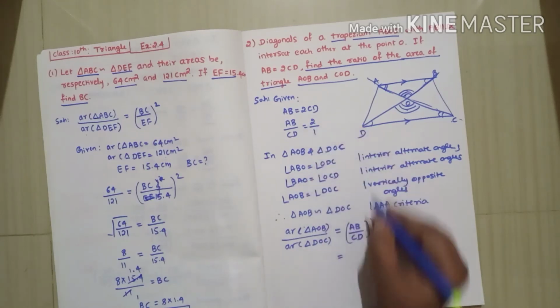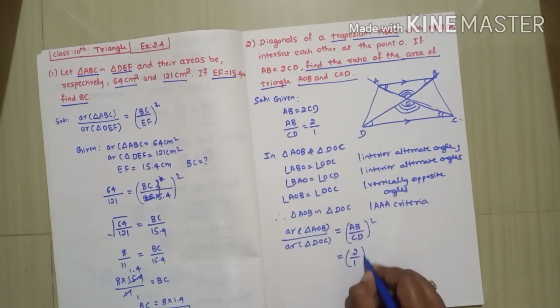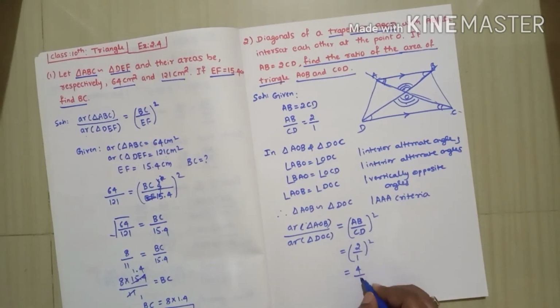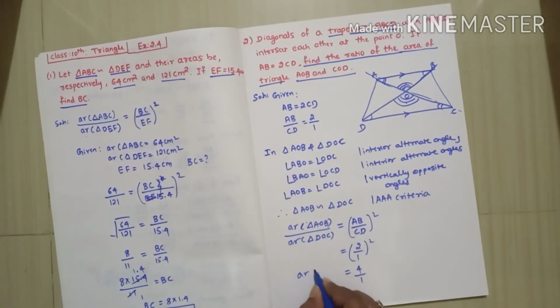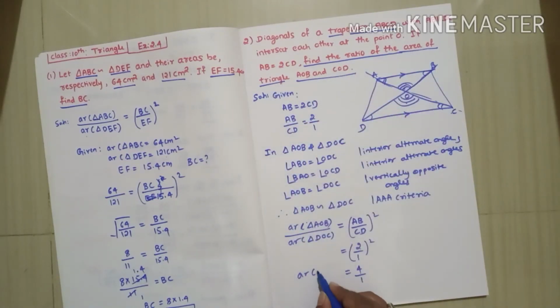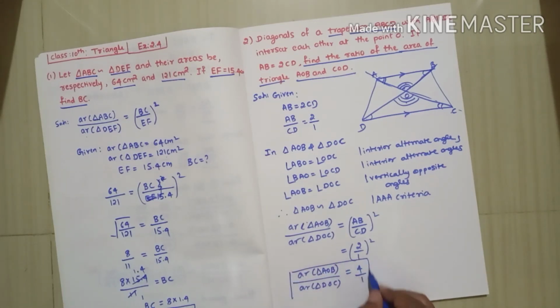AB by CD we know, 2 by 1 whole square. So 4:1. 2 square is 4, 1 square is 1 only. Therefore the ratio of the areas of triangles AOB and COD is 4:1. This is the answer.